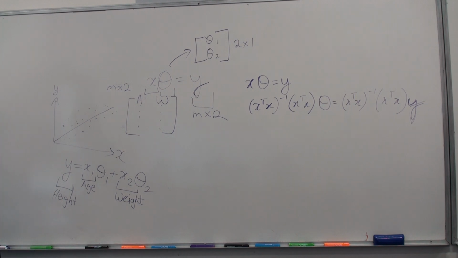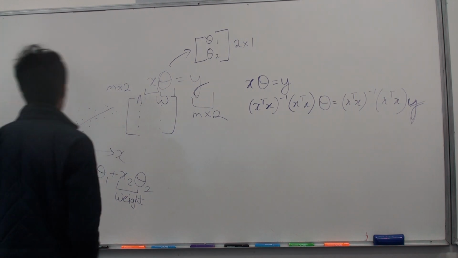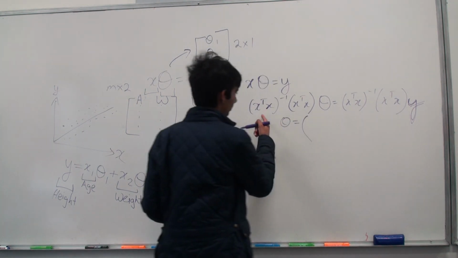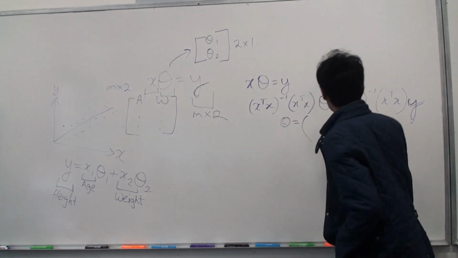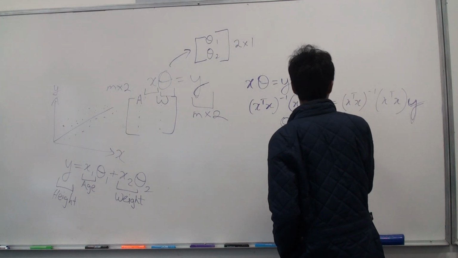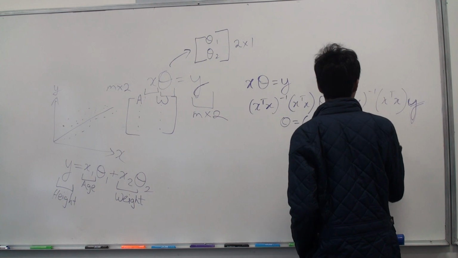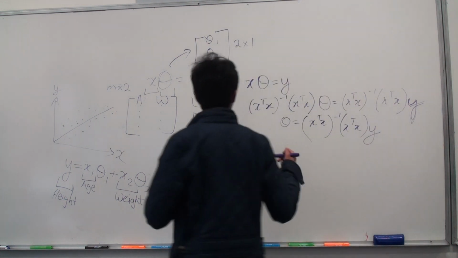So essentially we will get our matrix theta equals X transpose X inverse X transpose y, because these cancel out. So this is least squares.